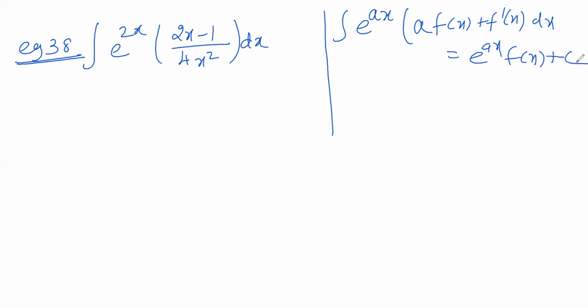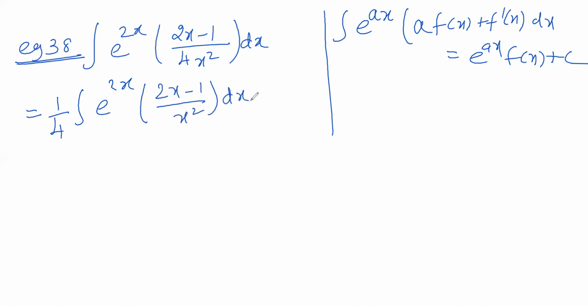Now we simplify this term, 2x minus 1 by 4x square. So I'm writing this as integral e power 2x into, the denominator 1 by 4 is a constant, so taking this 1 by 4 outside. The remaining term is 2x minus 1 by x squared into dx.